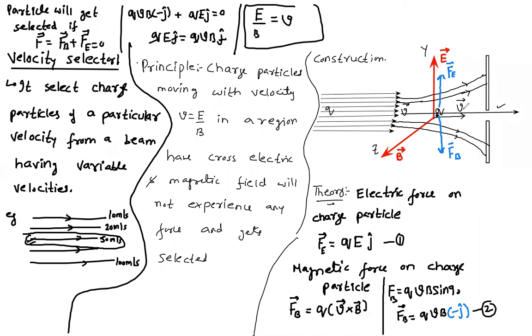The net force on the charged particle would be 0, and so it will pass in a straight line. That's why I wrote here that a particle moving with velocity E by B will move in a straight line. So that was about the velocity selector.